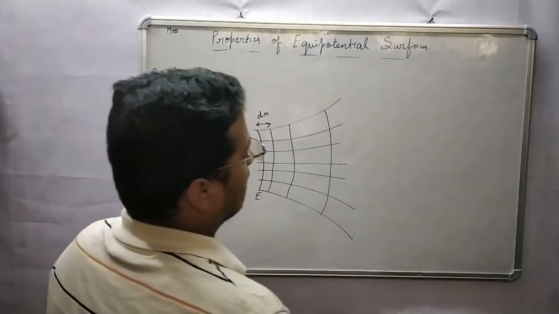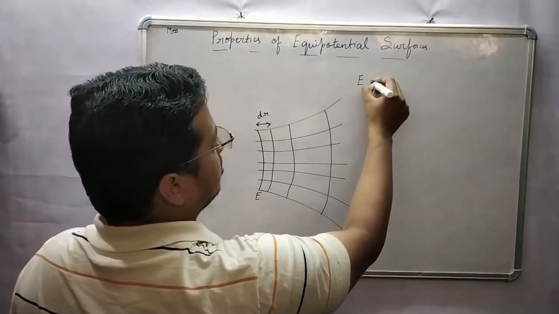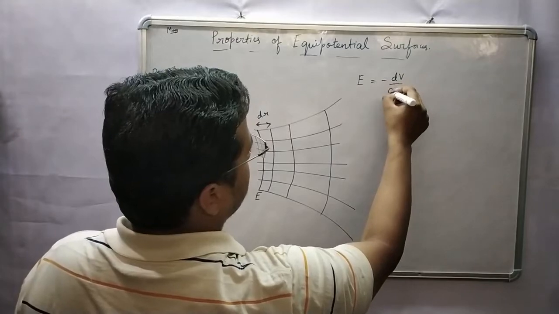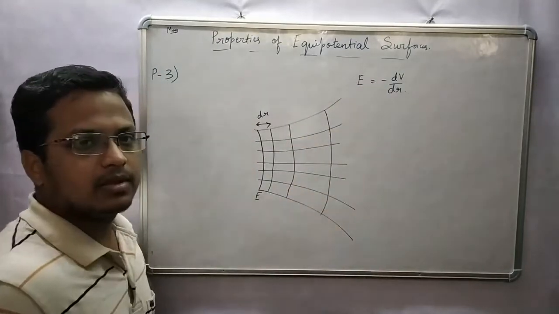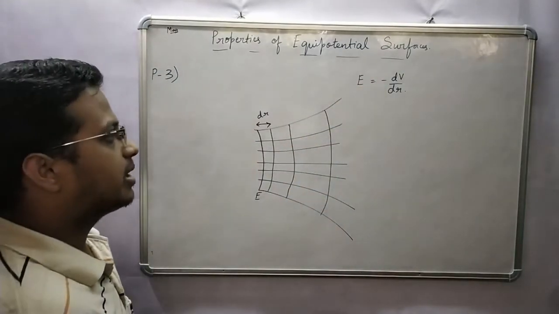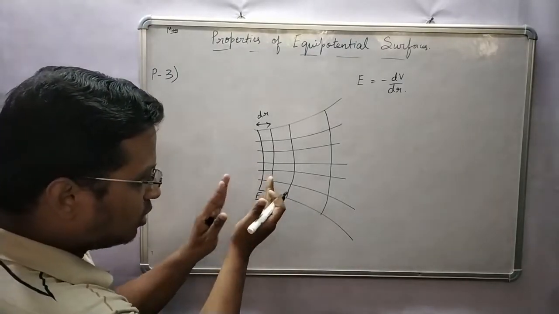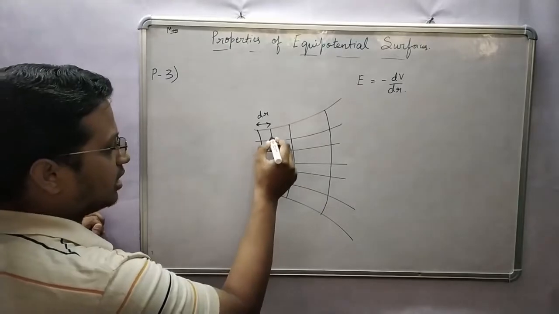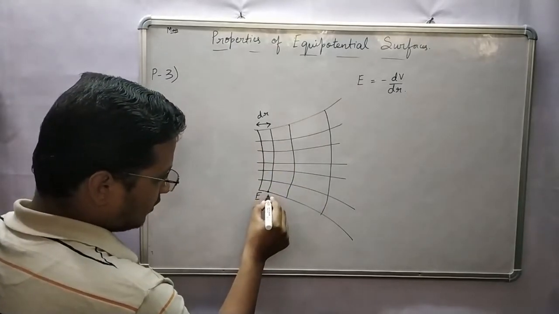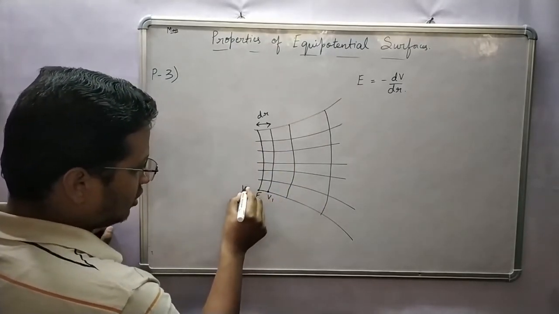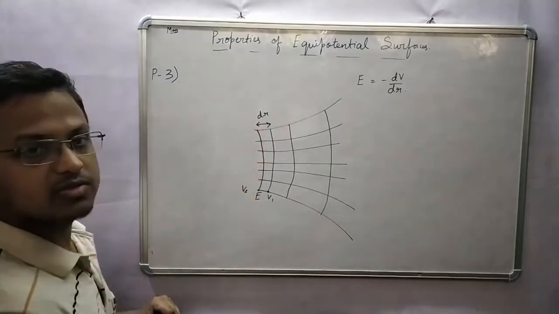As you know, E is equal to minus dV by dr. Now suppose we concentrate on two different surfaces. Suppose the potential on this surface is V1 and the potential on this whole surface is V2.